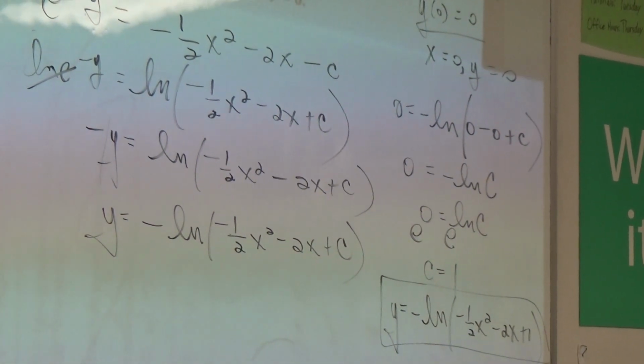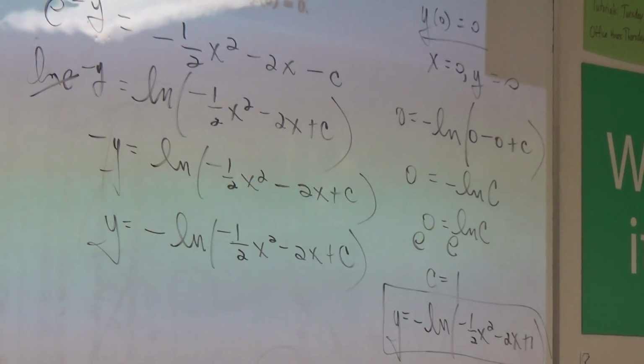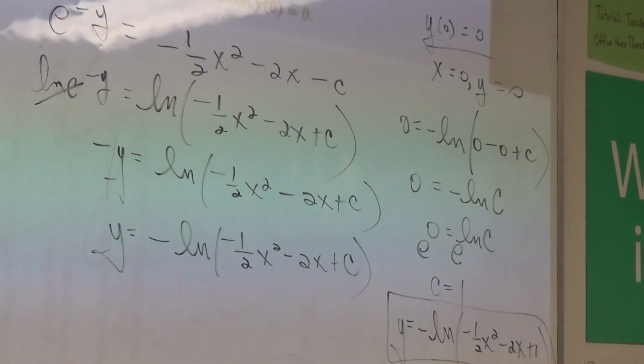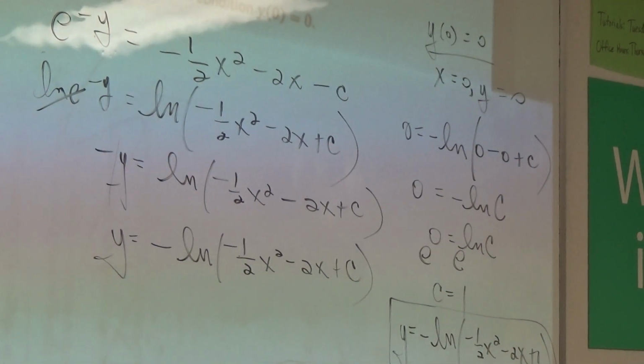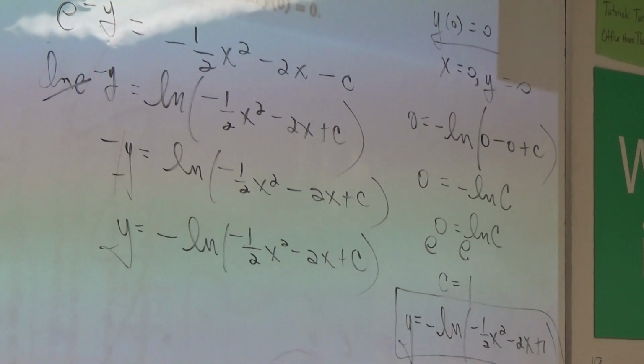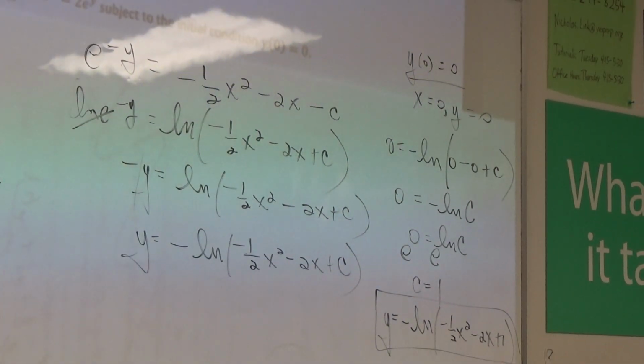And then I said that means that 0 is really just natural log of C. And then I exponentiated both sides, because that's how you get rid of the natural log. You said natural log of C equals 0, so C has to be 1. And that's the same thing, right? Because you know the natural log of 1 is 0, you made the leap and said C is equal to 1. That's right. That's fine? Of course.